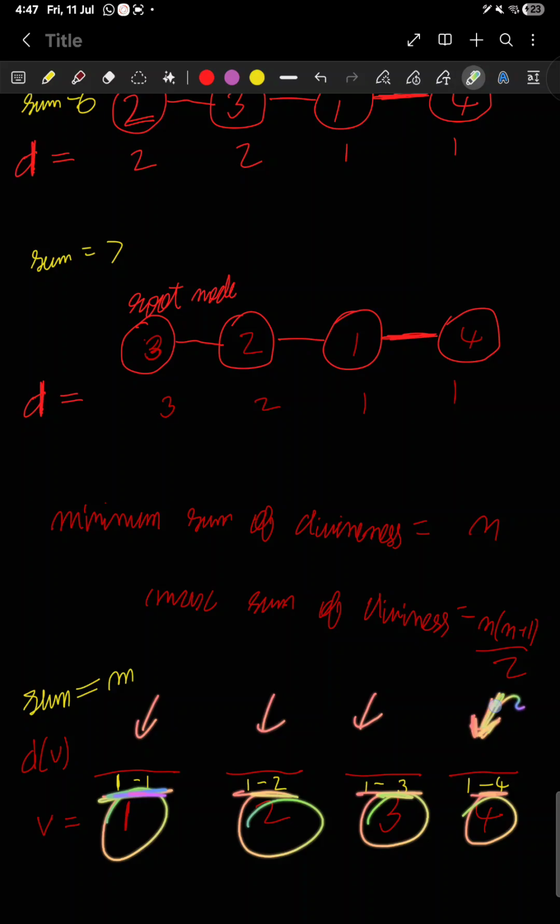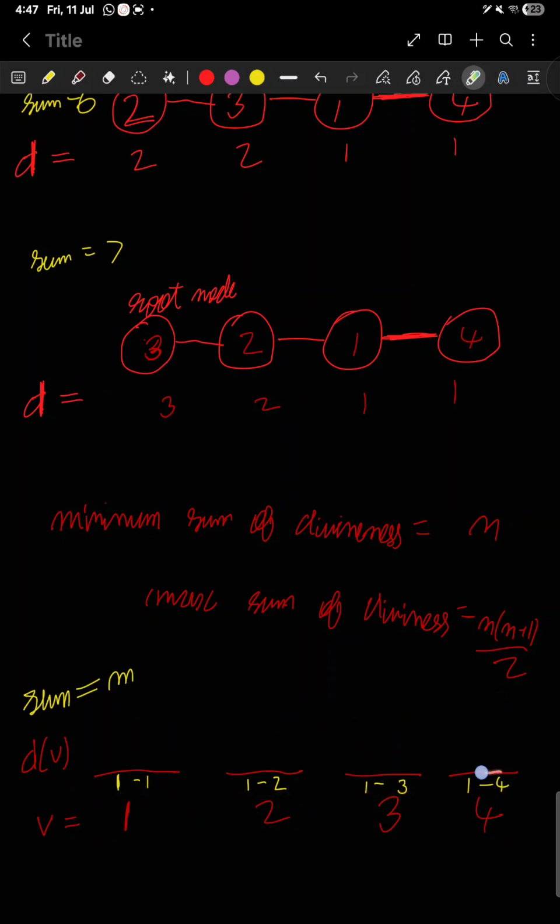As we have proved that we could manipulate the divineness of each node in this range, we could fill any values here from 1 to 4, here from 1 to 3, here from 1 to 2, here from 1 to 1, and we want the sum of divineness to be equal to m.